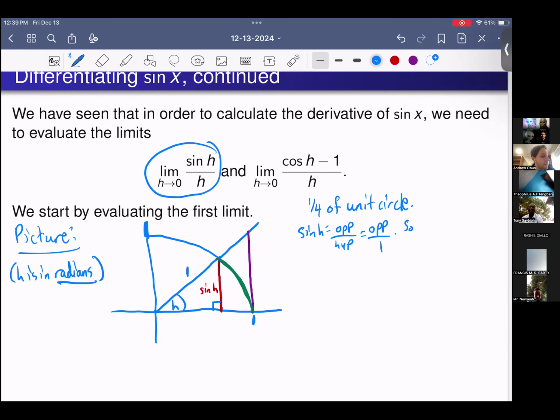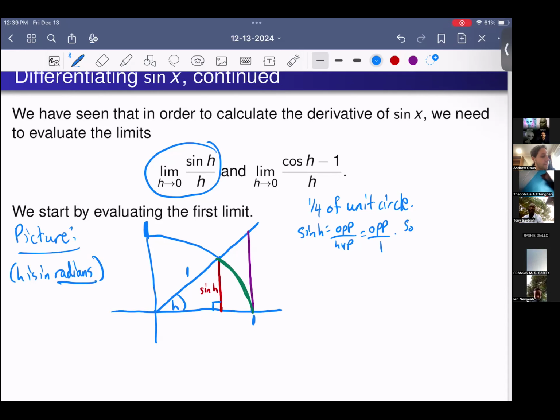Now, remember, we're trying to evaluate the limit as h approaches 0 of this thing in the middle. So what happens as h goes to 0? Well, the 1 just stays 1. Cosine of h also goes to 1, because h is just going to 0, you just get cosine of 0, which is 1.